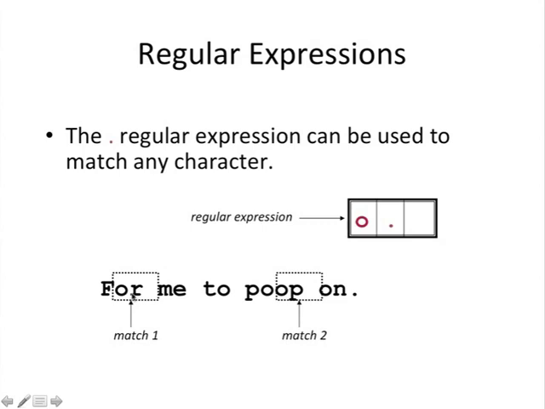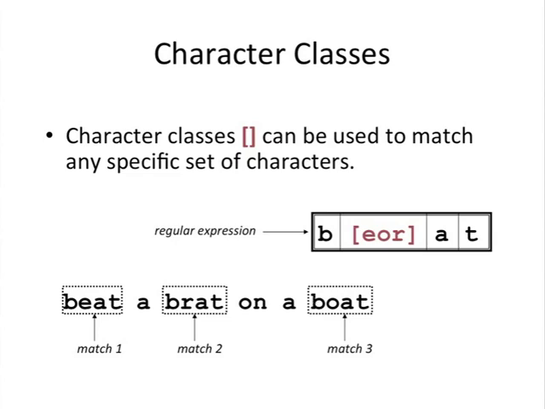So O, any character, space. Also we can specify which characters we are fine with. So we look for a string composed of 4 characters. The first character is B. The second character can be any of, either E, O, or R, and then AT.